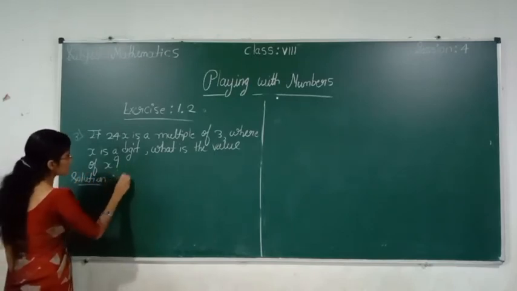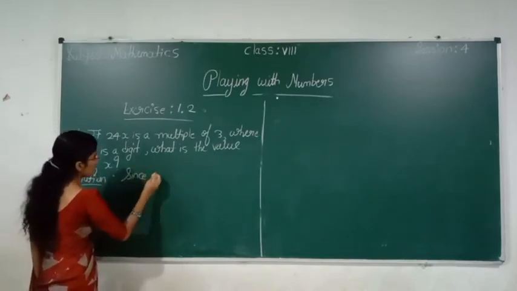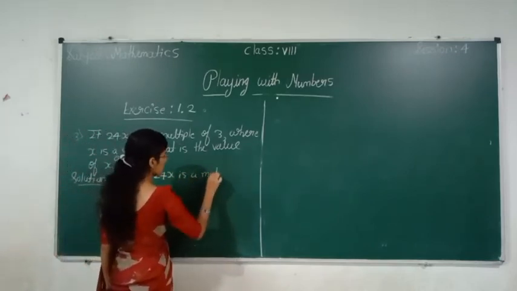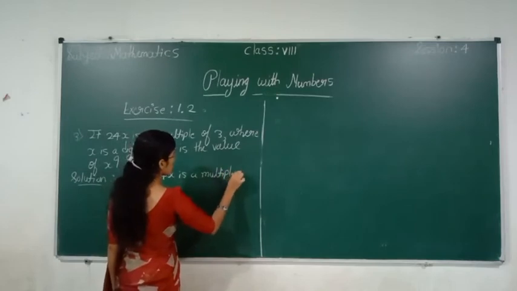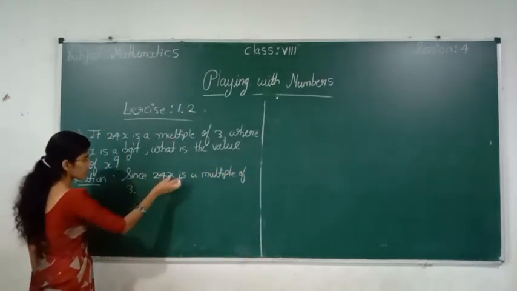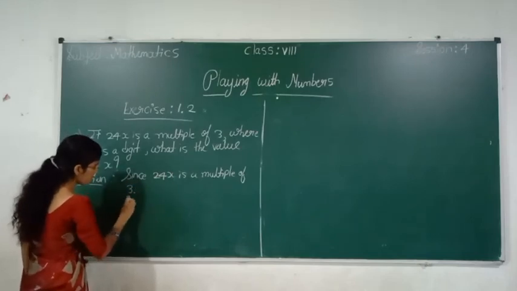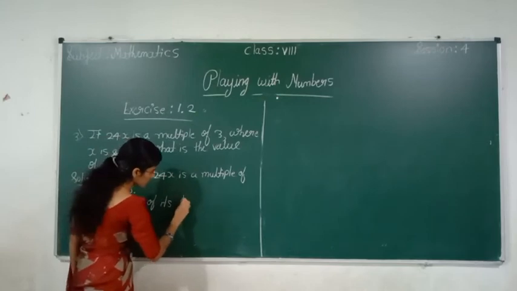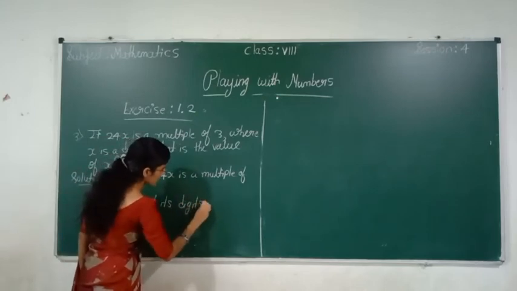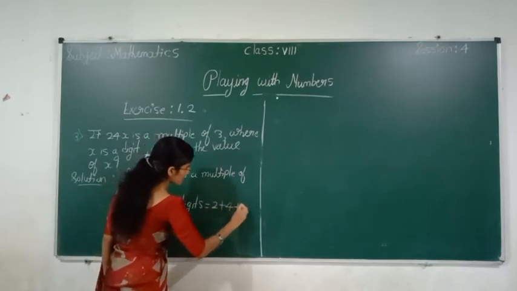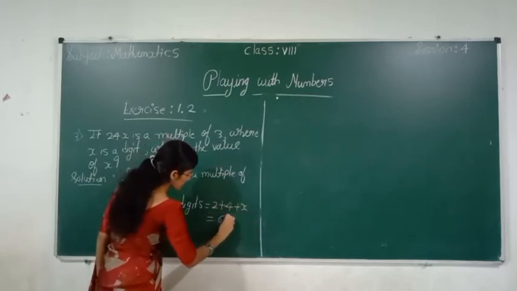What they given, since 24x is a multiple of 3, the sum of its digits is 2 plus 4 plus x, that is 6 plus x.